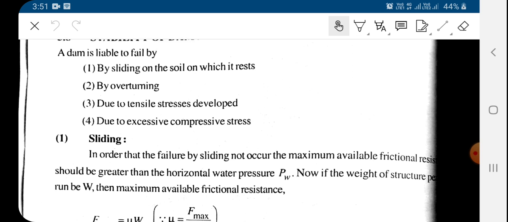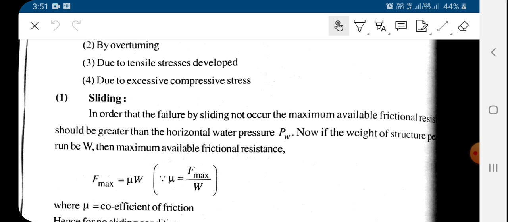So first one, sliding. Generally the horizontal water pressure is acting over the dam, which tends to slide the dam over the soil on which it rests. But whatever frictional resistance develops, it tries to resist this sliding force.